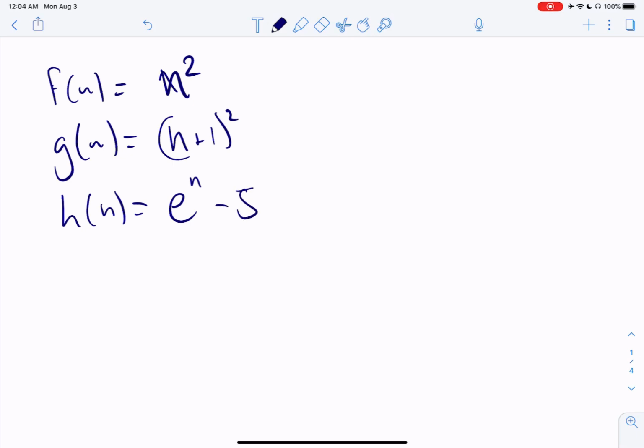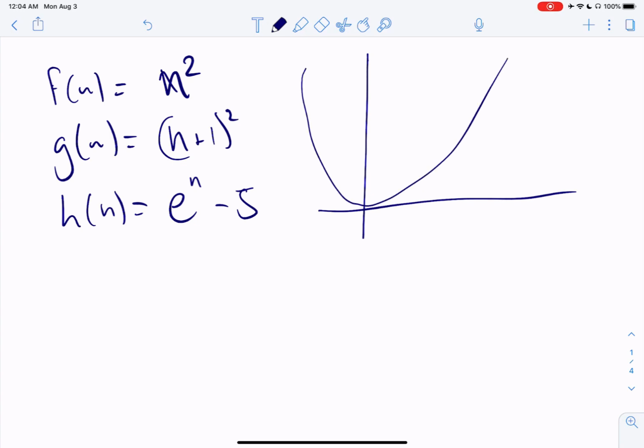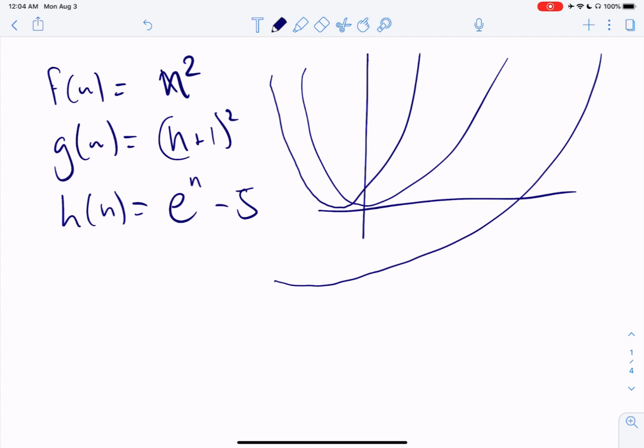If you plot these things, you see n squared, you see n plus 1 squared, looks like this. You have e to the n minus 5 probably looks something like this. Now, the important thing is that even though h of n lies below f of n and g of n, eventually e to the n is going to dominate both f and g.